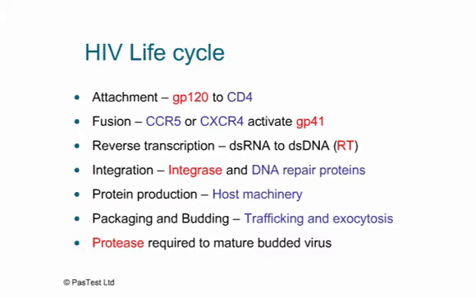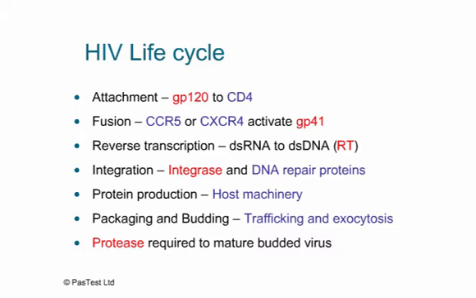CXCR4, however, is found on activated T cells, and this tends to attract viruses that are lymphotropic, the so-called X4 variants, and this tends to be an indicator of late infection.